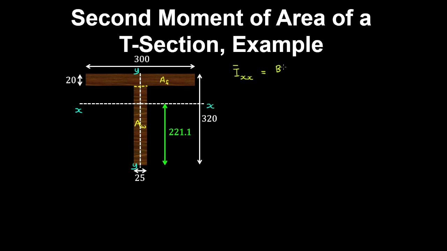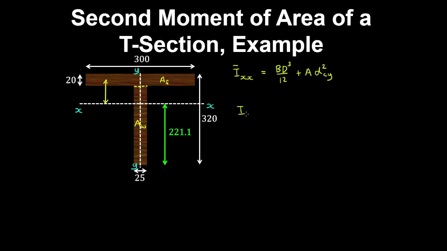So for each rectangular section we have the width by the depth cubed on 12 plus the area of the section multiplied by the distance between the centroid of that area to the centroid of the section squared, using the parallel axis theorem.